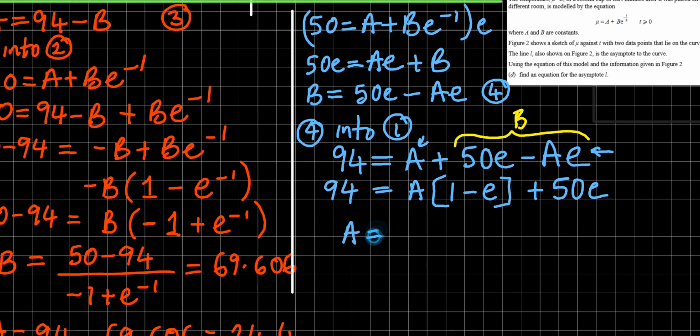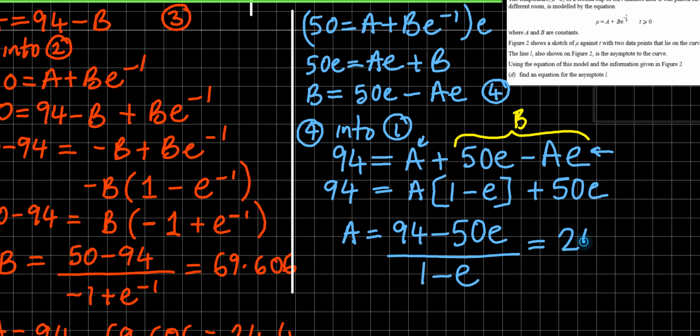So A is going to be 94 minus 50e over 1 minus e, and that would give us the same answer as before. So again, the equation of the asymptote, L, any value that's below 24.4 would work. I will leave it as 24.4, and that's our asymptote.